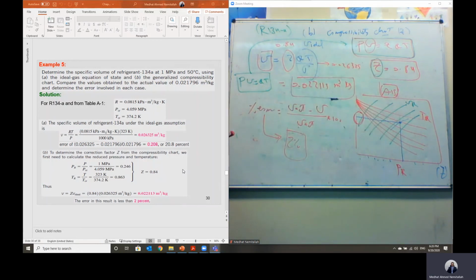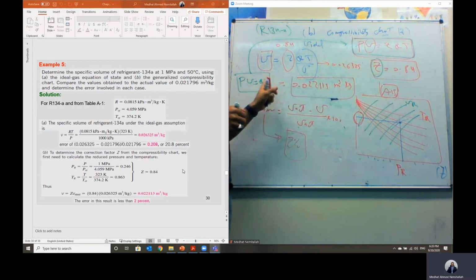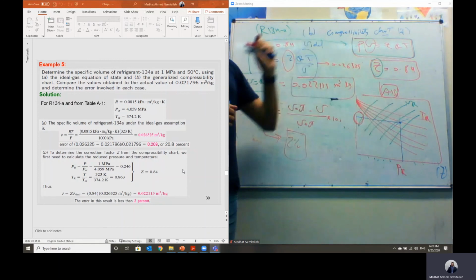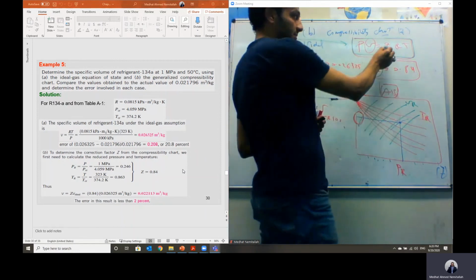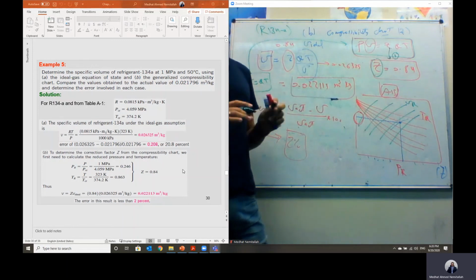But if in your exam I say I have a gas at a given pressure and a given temperature, and the question asks about the status of this gas, is it an ideal gas or a real gas, then I will be calculating the parameter Z. If it is equal to 1, then it is an ideal gas. This is a very rare case.